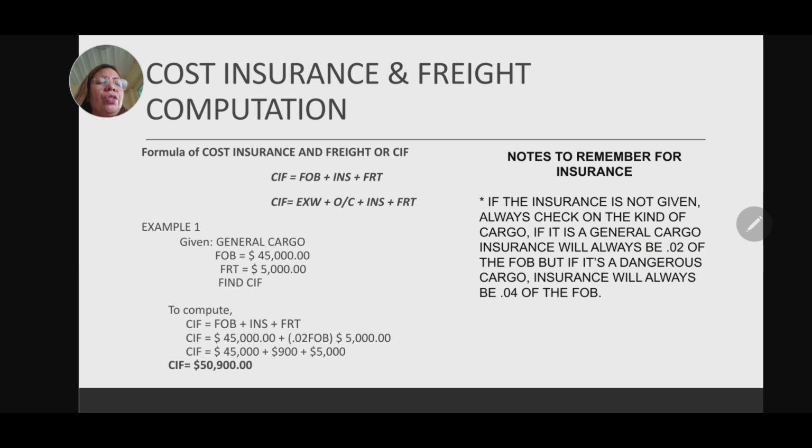Then you substitute the values. CIF is equal to $45,000 plus $900 plus $5,000, and you'll get the total amount of your CIF, which is $50,900. For this, you will use your calculator to get the final answer for your CIF value.